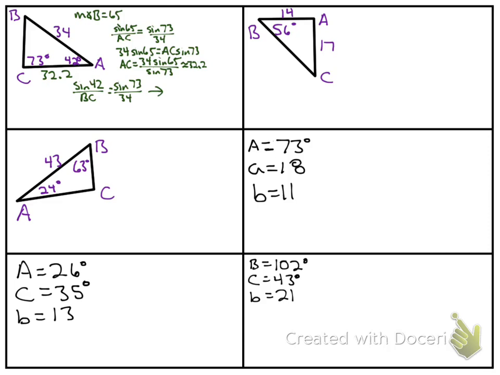With cross product, it eventually rearranges to be BC is equal to 34 sine 42 over sine 73, and BC is about 23.8 for its value.